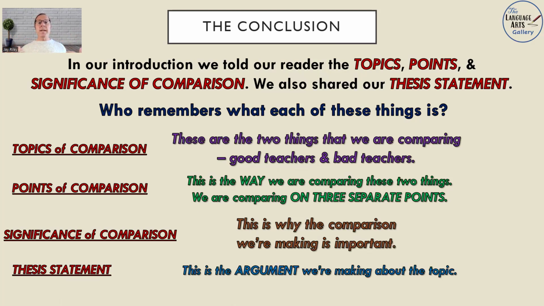Or we could have something a little bit stronger, a little bit more compelling. We could say they're more different, and that speaks to the necessity of having great teachers in our school, or how great teachers impact the learning process. And we should show that when we're communicating those differences.